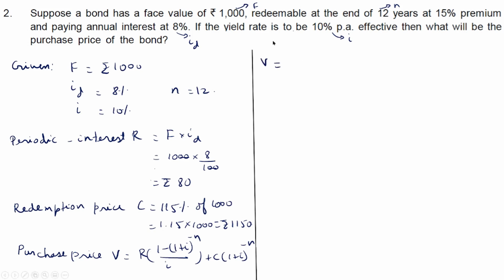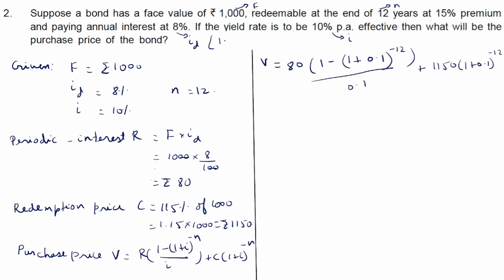So V is equal to R is 80 into 1 minus 1 plus I, the effective rate, given as 10%, which is 0.1. So 1 plus 0.1 the whole raised to minus 12, upon 0.1, plus C is 1150 into 1 plus 0.1 the whole raised to minus 12.